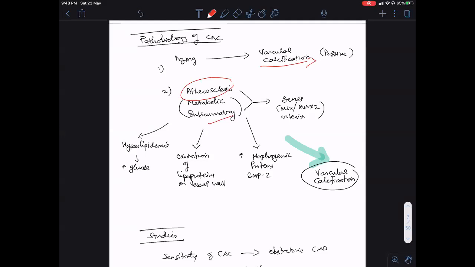It can cause oxidation of lipoproteins on the vessel wall, producing calcium. This can alter the local paracrine and autocrine mechanisms, increase morphogenic proteins, and cause calcification. There are a lot of genes which are upregulated. These are ossification genes. This can lead to calcium, and so on and so forth. There are a lot of theories behind it.